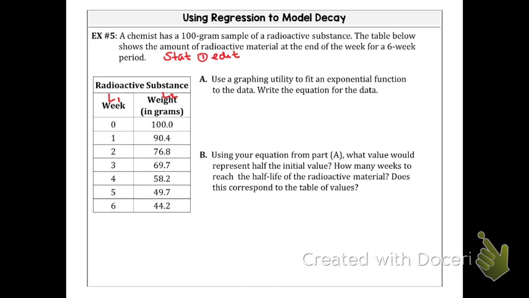So we can go to stat. We can go over to calc. And you're not going to pick linear. You're going to find where it says exponential, which should be 0.